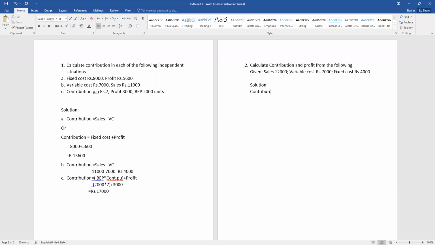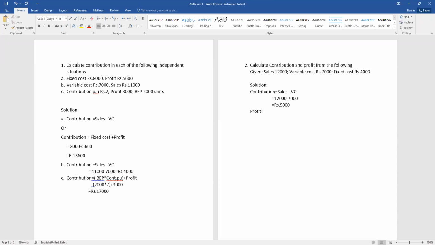So contribution is equal to sales minus variable cost. Sales is given in the problem, so you can use the first formula only. Sales is 12,000 as given in the question, minus variable cost given in the question is 7,000. So you get a contribution of 12 minus 7, rupees 5,000. And they have asked you to calculate the profit.